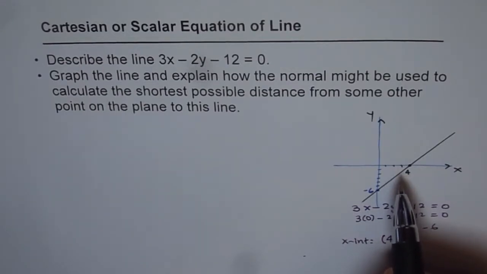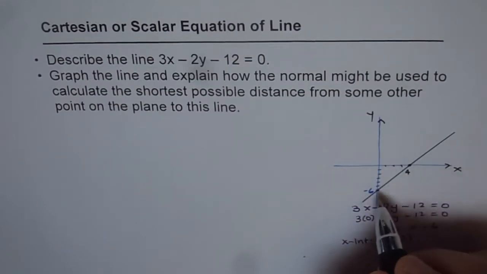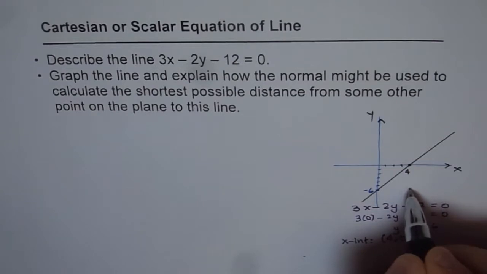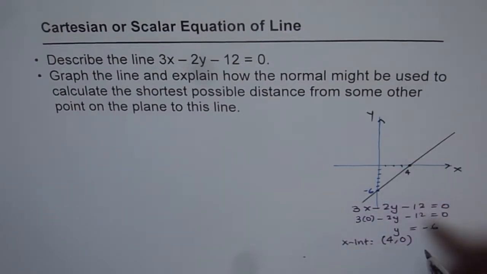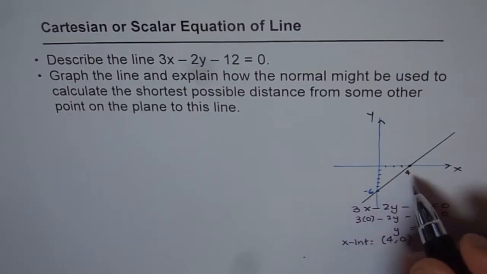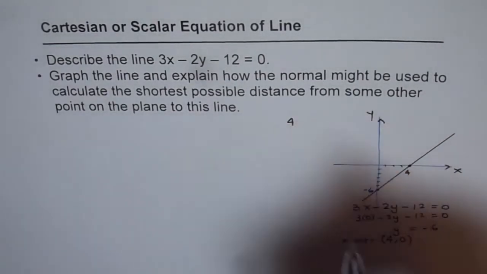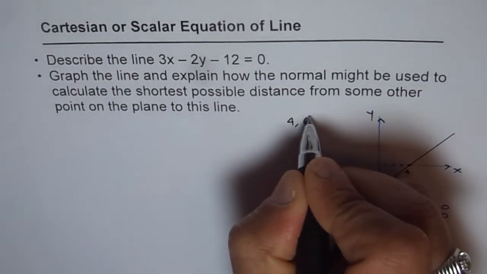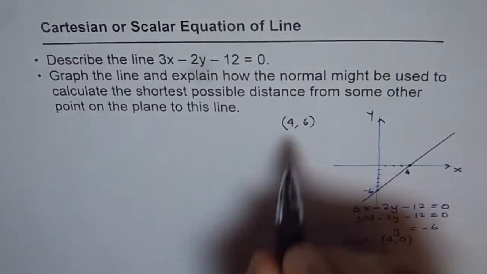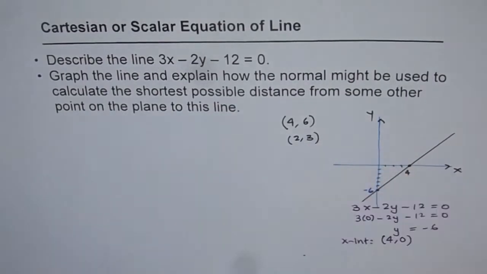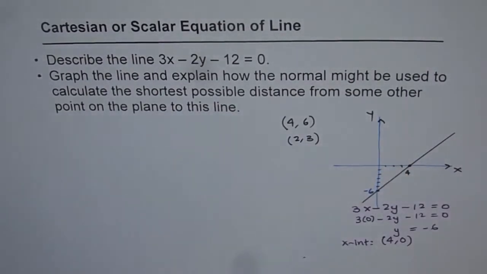If we have to go from here to this place, we go 4 units right and 6 units up. So that is how we get our direction. We can write this direction as 4, 6, and in a simpler form as 2, 3. So 2, 3 becomes our direction vector.